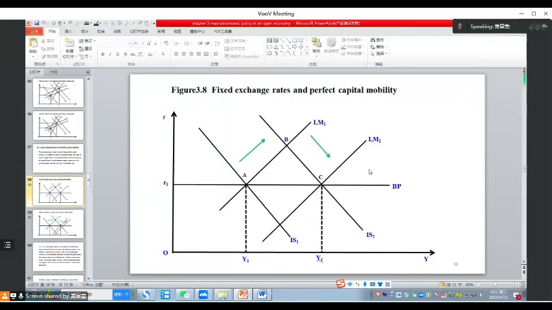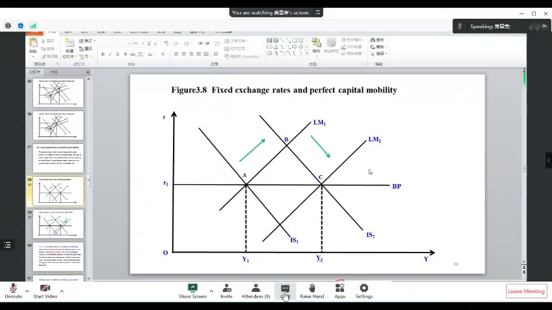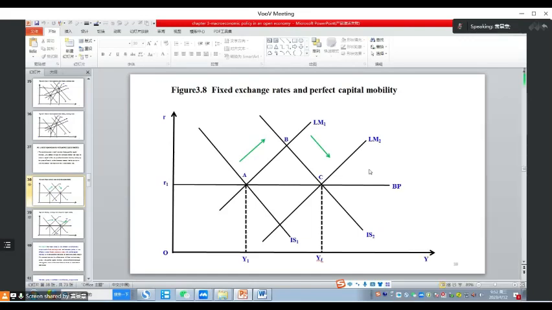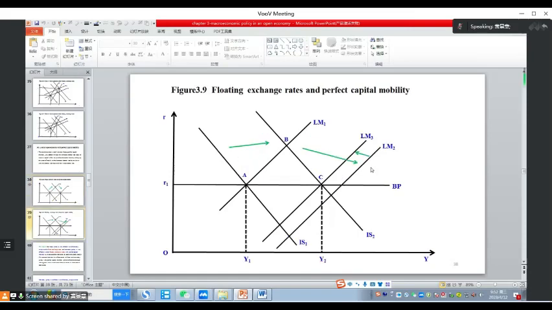In Fig 3.8, we can explain the fixed exchange rate and perfect capital mobility. And Fig 3.9 explains the floating exchange rate and perfect capital mobility.